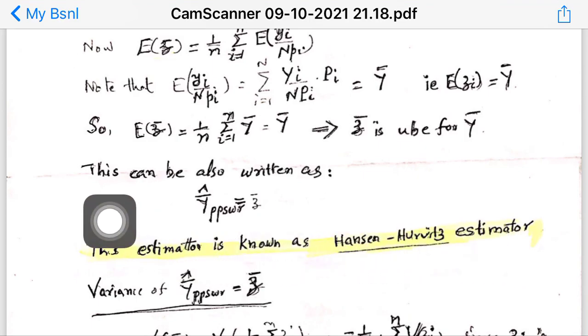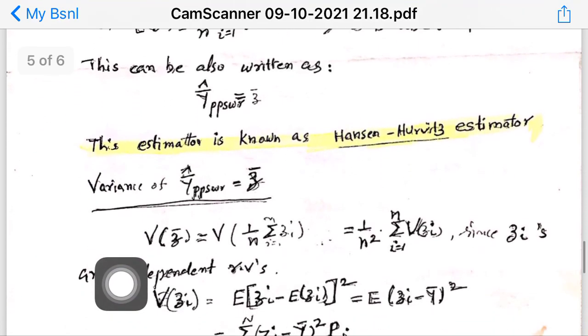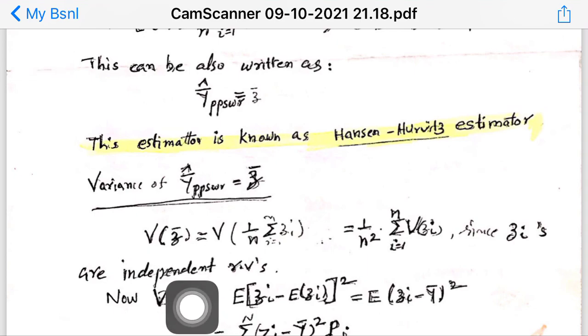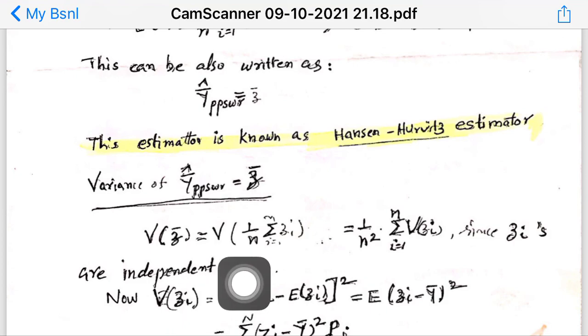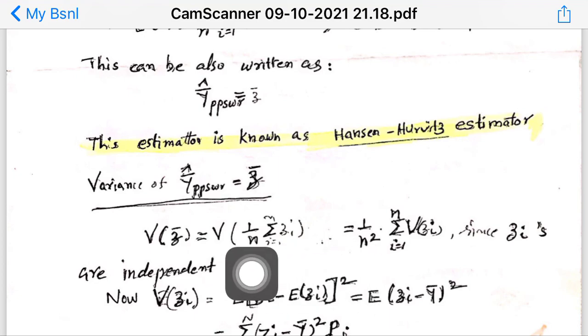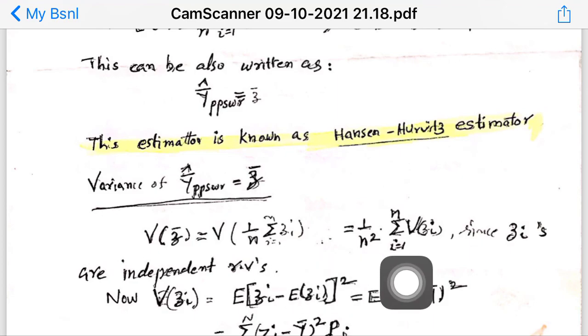Next, we have to consider the variance. What is variance of small z bar? It is equal to variance of 1 by n into sigma over i equal to 1 to n zi. And you can take this 1 by n square outside, because variance of a constant into a sum of random variables is constant square into the sum of the variances.